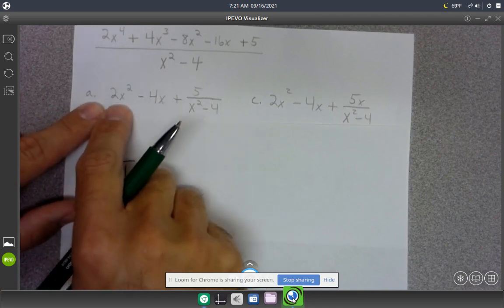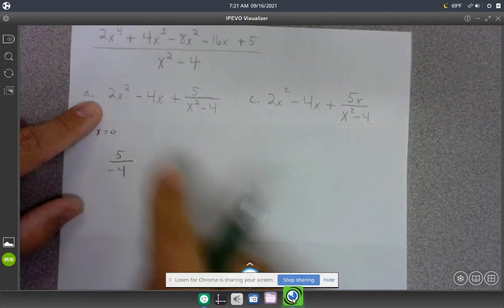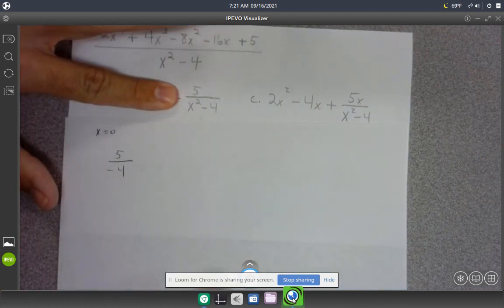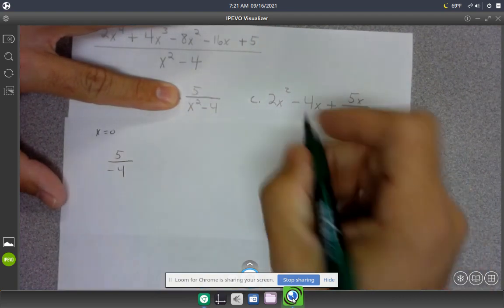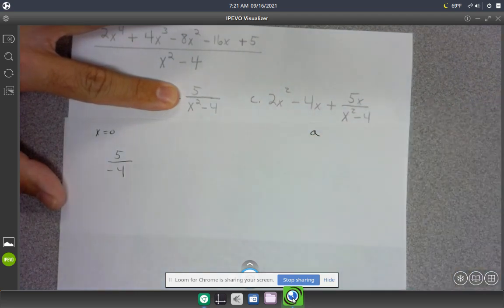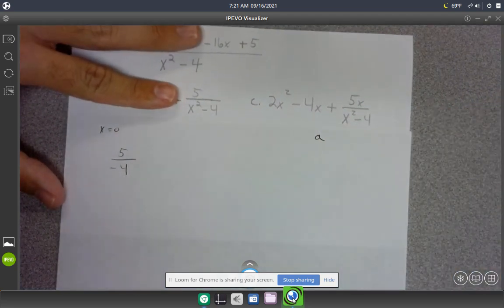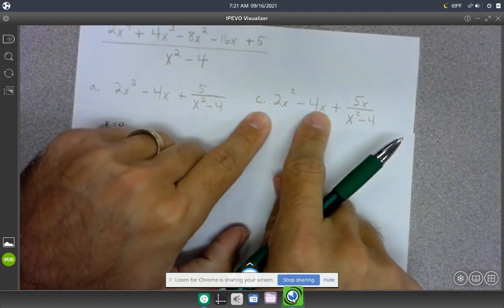Now let me look at option A. If I plug in 0 for x, these two parts are just going to go away, and so I'm left with, again, 5 over negative 4. So A is a possibility. If I look at option C, these two are going to give me 0.